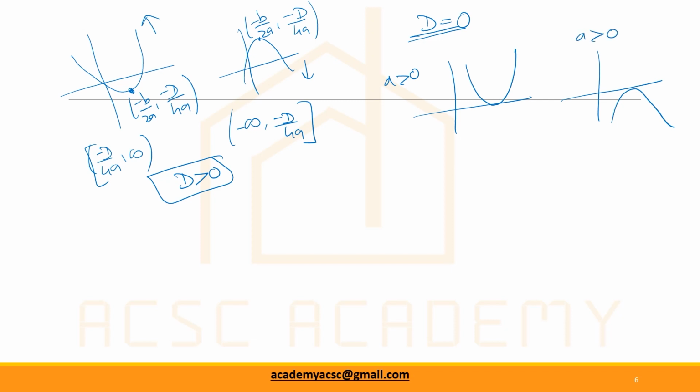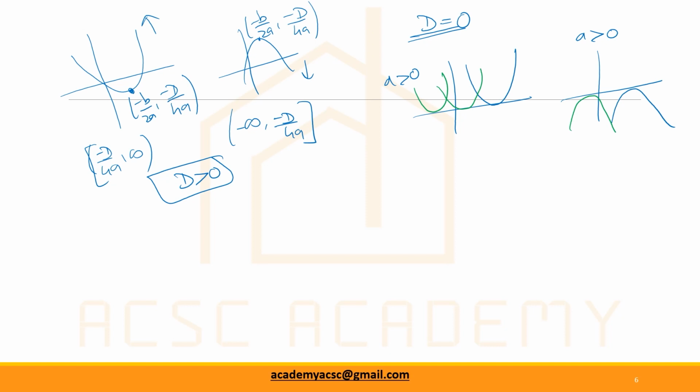And also it is possible that the root is negative if it lies beyond the y-axis, or it can be like this. Similarly here, the root can be positive or negative depending upon whether it is lying to the right or to the left of the y-axis. But for sure it will intersect the x-axis exactly once.